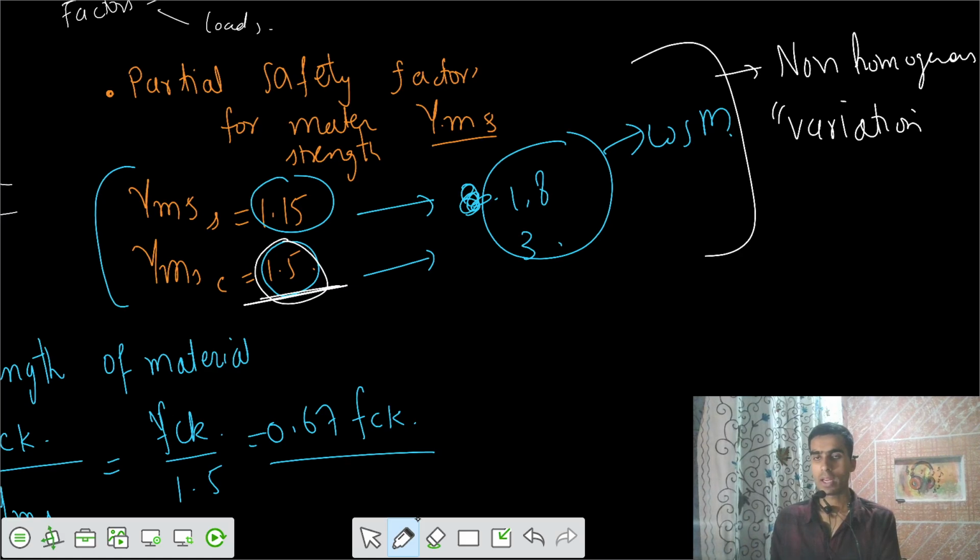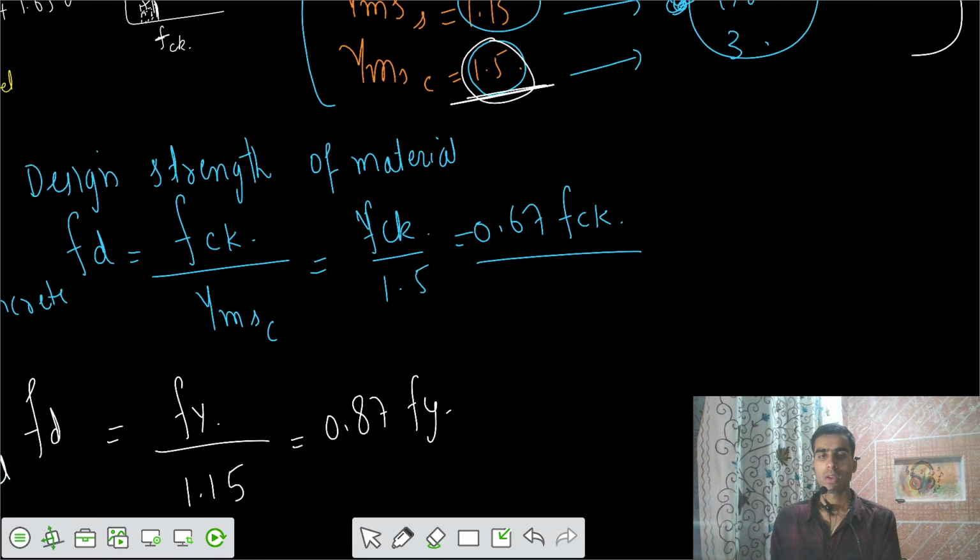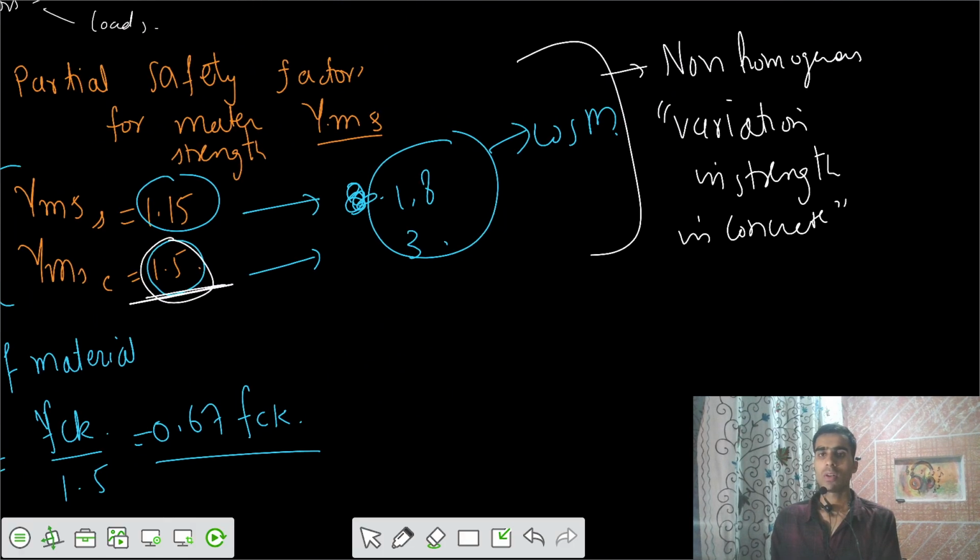All materials in the world are non-homogeneous, but if you compare steel and concrete, steel is more homogeneous, and we make steel in a factory with good quality control, as compared to concrete that may be made under poor quality control.